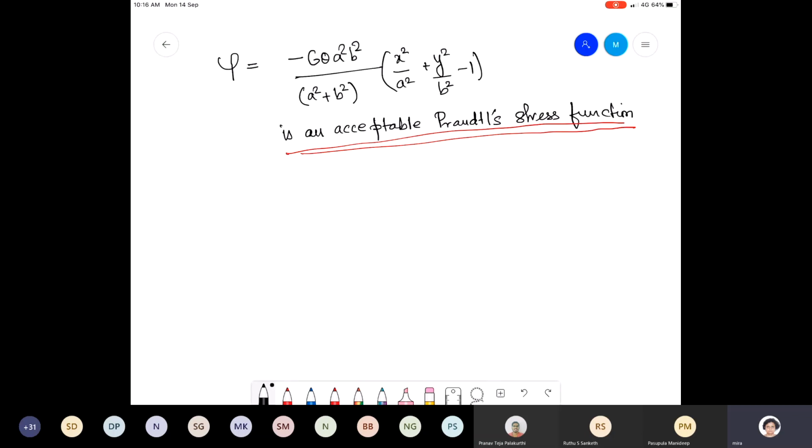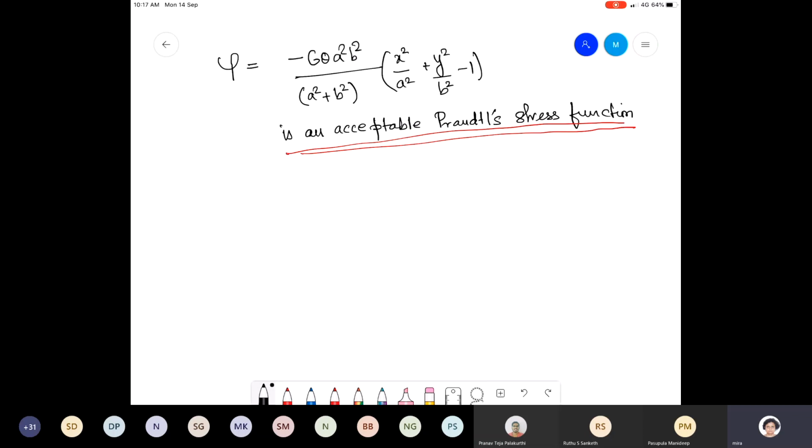For various cross sections, you can adopt this and get an acceptable stress function. But there are some cases, like a rectangle, where you cannot adopt this method and get an acceptable stress function. There you might need to adopt some other method.